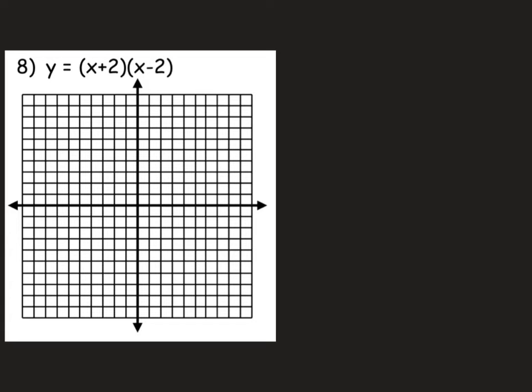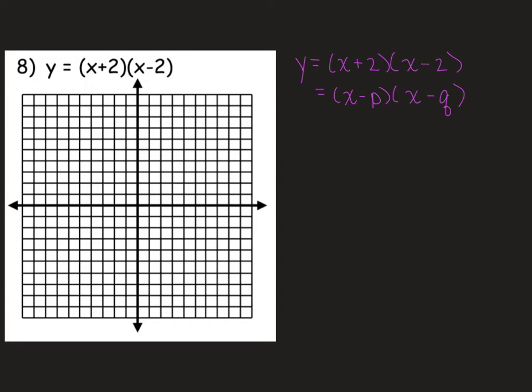So if we remember how our intercept form looks, we have x plus 2 times x minus 2. The way that our form looks, it's usually x minus p times x minus q. Oh, sorry, q. Can't say p twice.